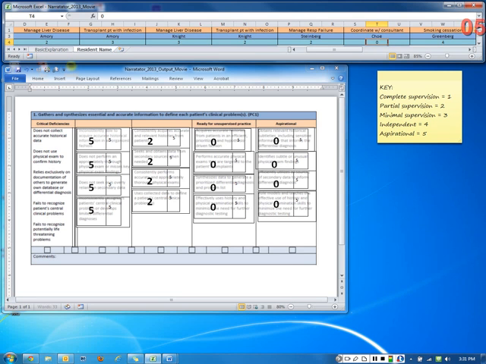And so now what we have is, as we'll let things catch up, you can see that now the milestone elements in the categories that relate to history taking have all been marked appropriately according to how we gave her an independent.